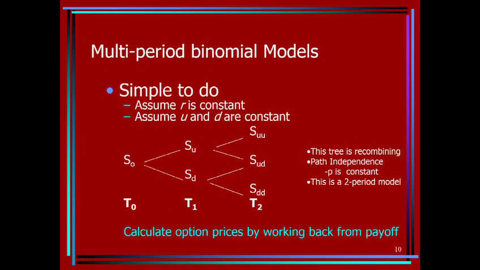Okay, so now we look at a multi-period model. Any questions up to this stage? Okay, so this is recombining or path independent because SUD and SDU is the same value. So in the multi-period model that I have here, we're looking basically at a two-period model.